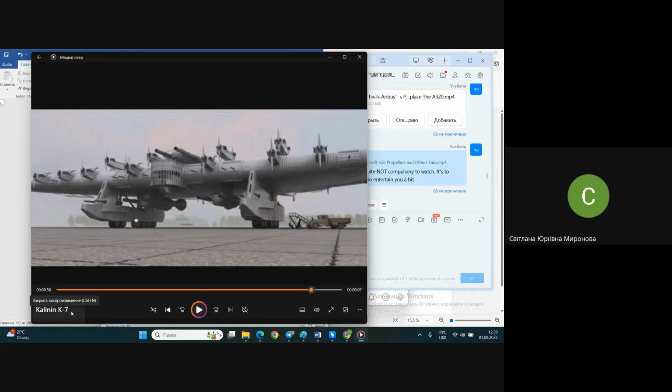Why do I start with these photos and this explanation? Well, anyway, it's historical information. It's interesting, and it's immediately related to Kharkov and to our university, Kharkov Aviation Institute, at that period.